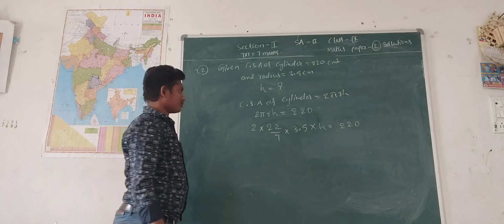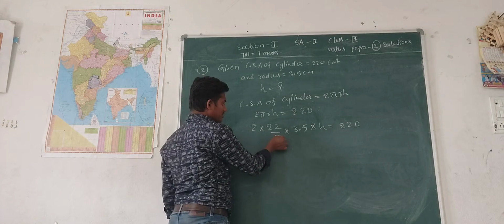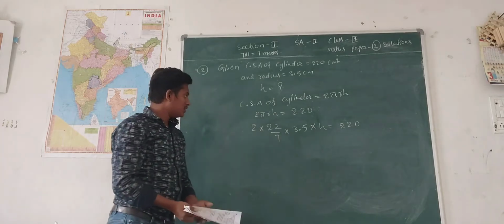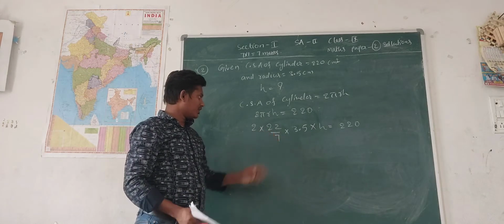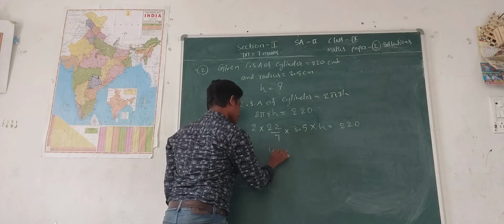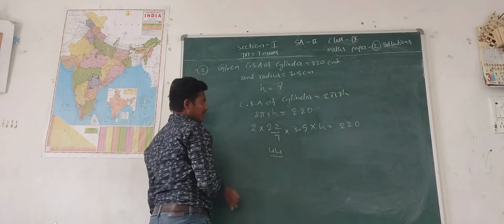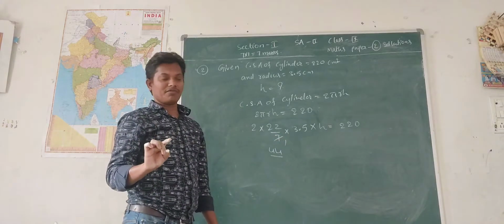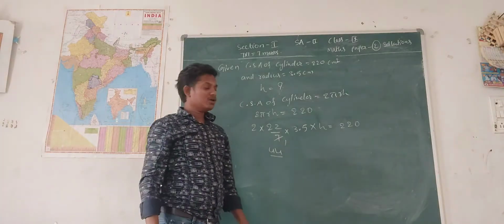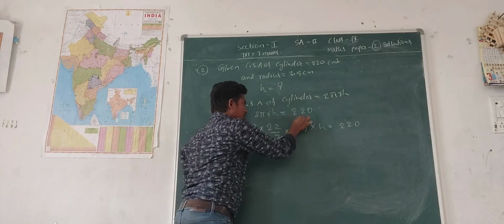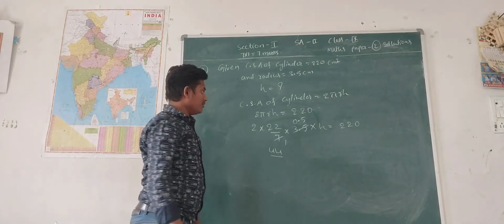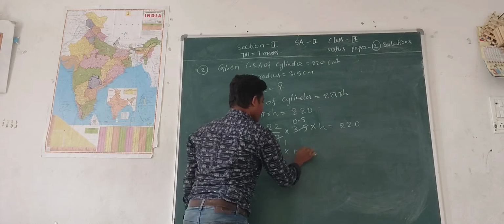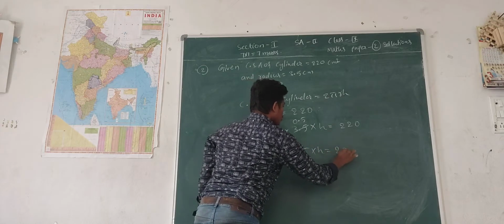So now here I am cancelling this one. 2 into 22 that is 44 by 7, and I am cancelling this one. 7 1 is 7. 7 5 is 35. But here we have 3.5. So 7 1 is 7, then this becomes 0.5. Okay. We have 2 into 22, 44, into 0.5 into h equals to 220.